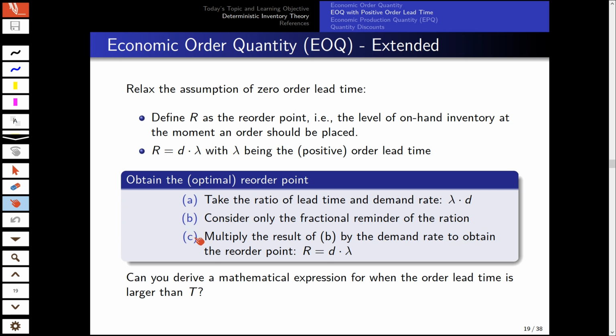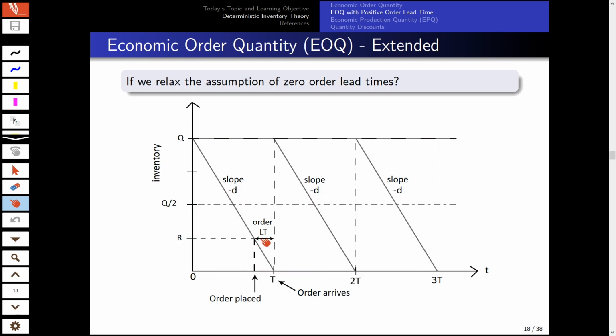Sorry for the typo. And then multiply this fraction by the demand rate to have the reorder point. Good question is now, what happens if our order lead time is larger than our T?